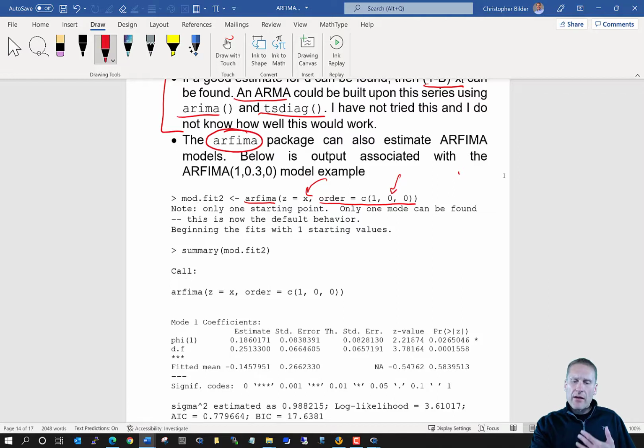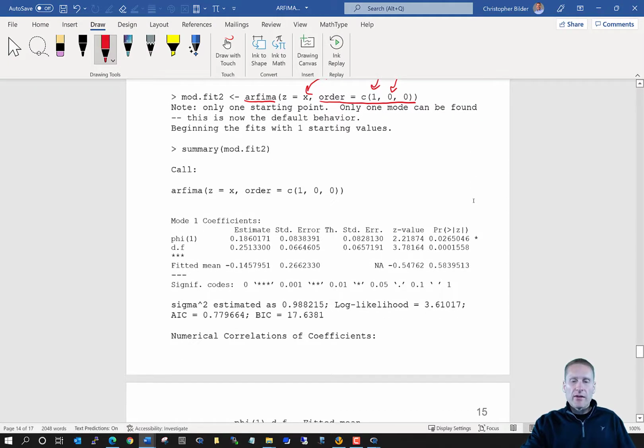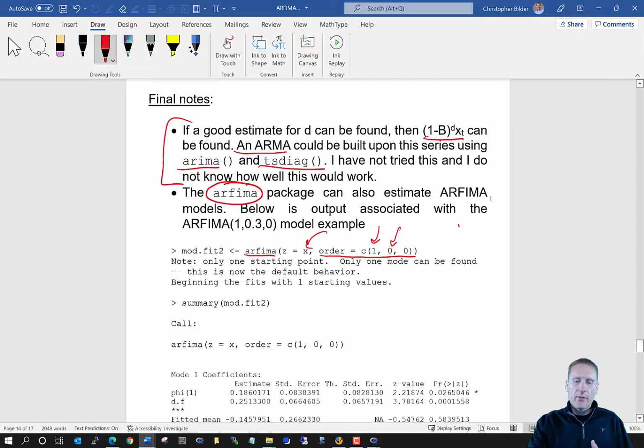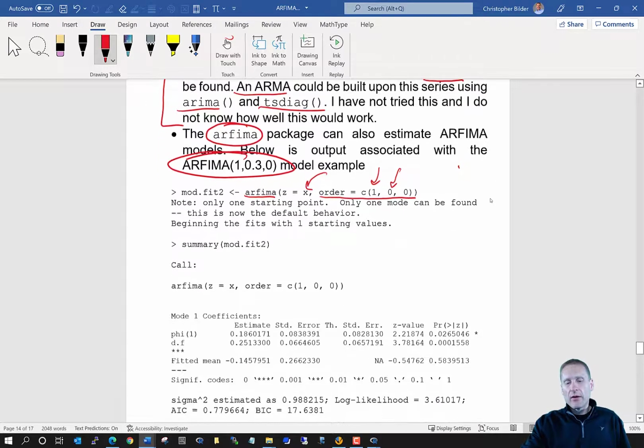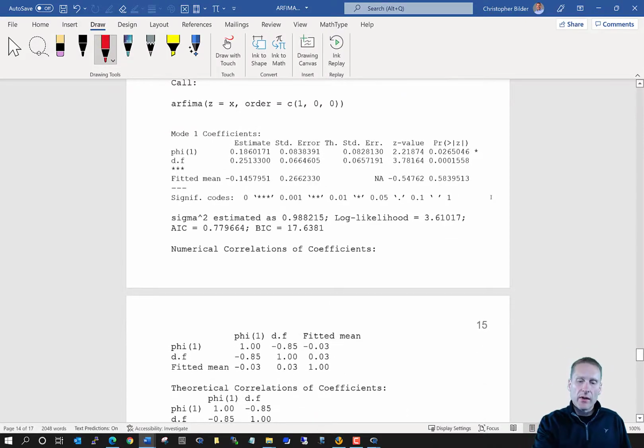Note that d is going to be estimated here, even though I put a 0 there. So order equals, there's the AR component. I put that in results called mod.fit2. This is with my original ARFIMA(1,0.3,0) model data. I can summarize the results. This is what I get.